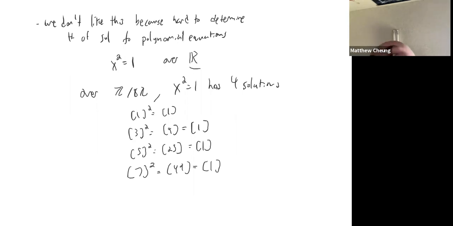Normally you want to say a polynomial of degree n has at most n solutions. If I have a polynomial of degree 3, there should be at most 3 roots. It's not the case here. This is degree 2 and it has 4 roots.